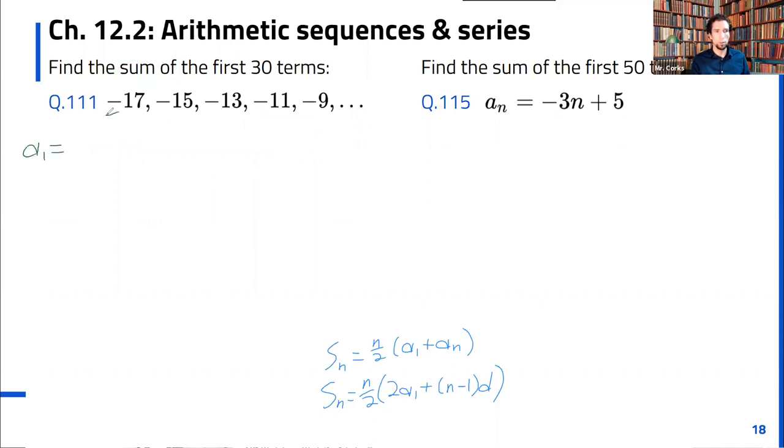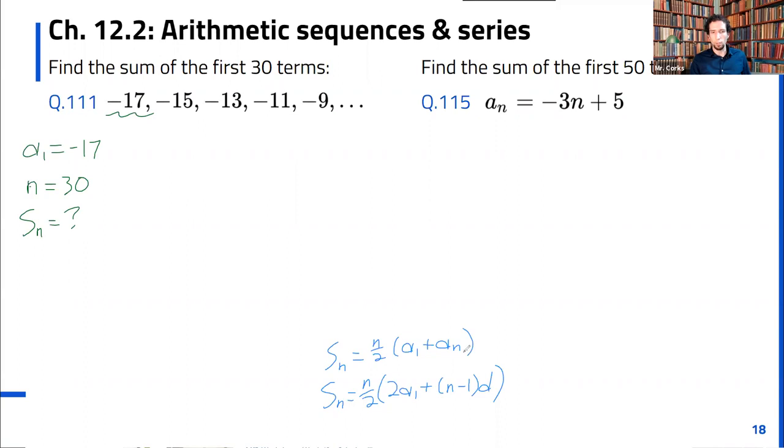A1 is equal to -17. We want the first 30 terms, so n is 30. And our Sn is the thing we're trying to find.